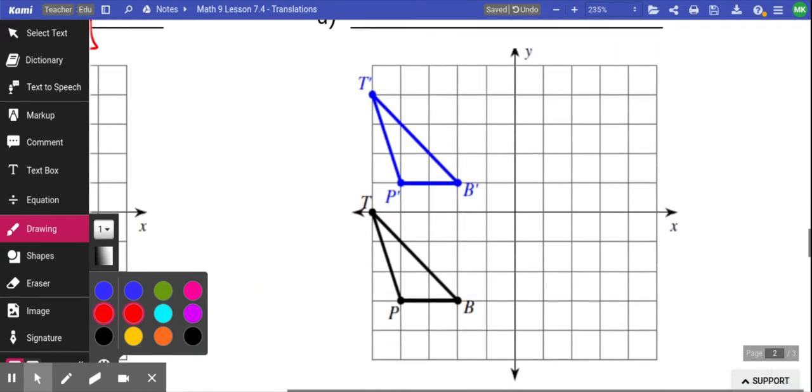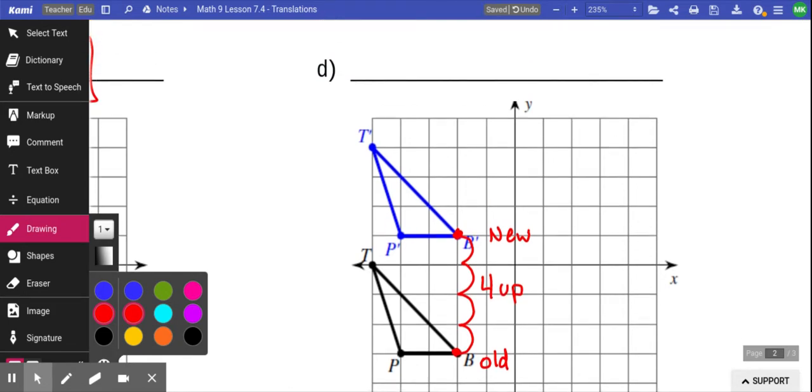If we look at D, I'm going to move point B because that seems easiest. You have to know which one is the old one. The one without the apostrophe is the old one, and which one's the new one. Otherwise, you're going to be doing everything backwards, right? To get from old to new, I went 1, 2, 3, 4 up. I did not move left or right at all.